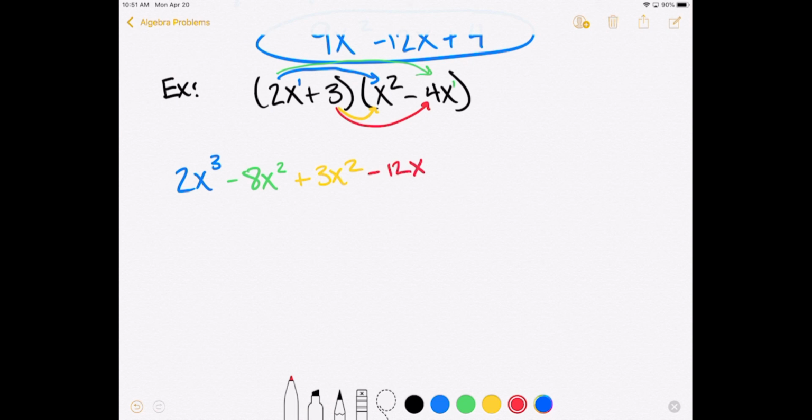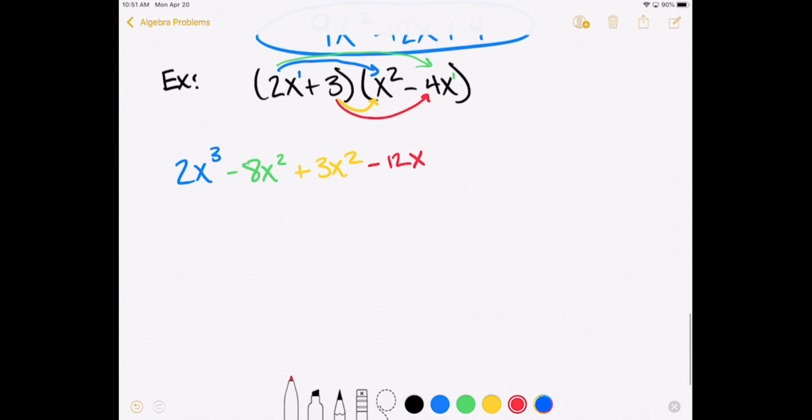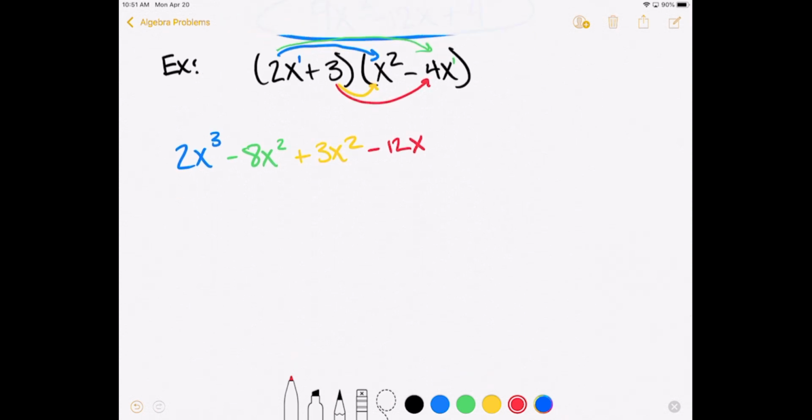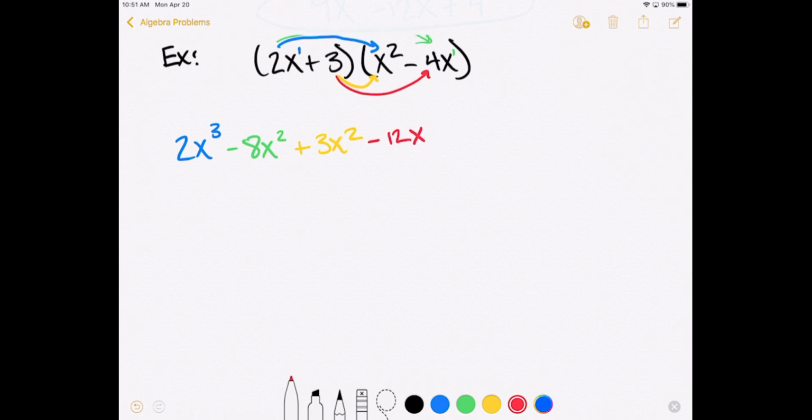Now this one's interesting in the fact that there is not just a number all by itself. There's no constant. I kind of just made this one up to show you it works with any type of binomials. Again, this was a binomial times a binomial, 2 terms times 2 terms. So the first term, again, usually should not have a buddy. It doesn't.